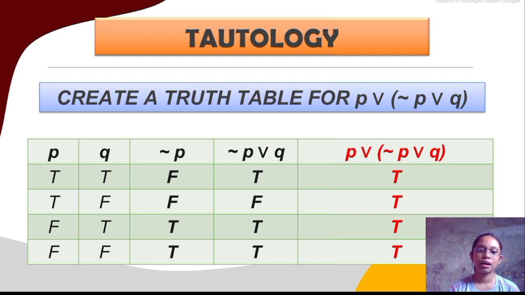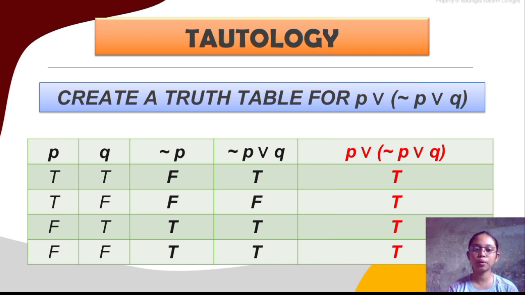So, ang Q ay true statement and ang negation P is false, but the answer is true kasi isa sa dalawa ay true statement. Parehas siyang false statement, kaya ang magiging sagot natin is false. Parehas naman siyang true statement, kaya ang naging sagot natin dito is true. And kahit na ang Q statement is false, pero ang negation P is true, ang sagot pa rin dyan ay true.